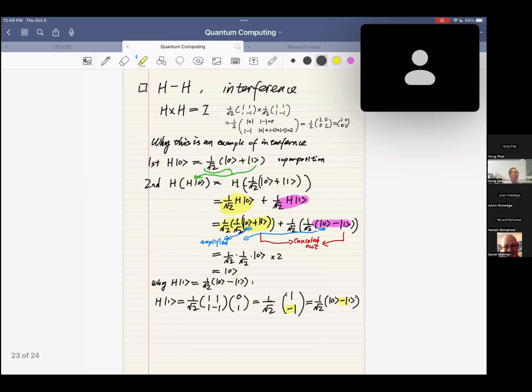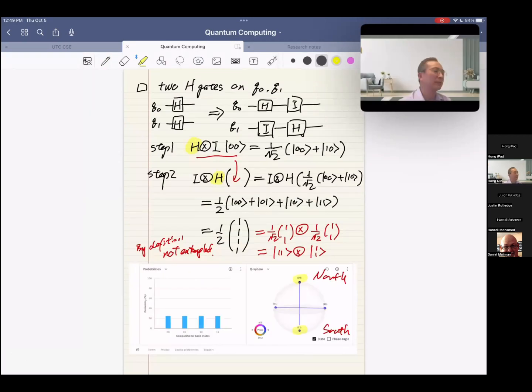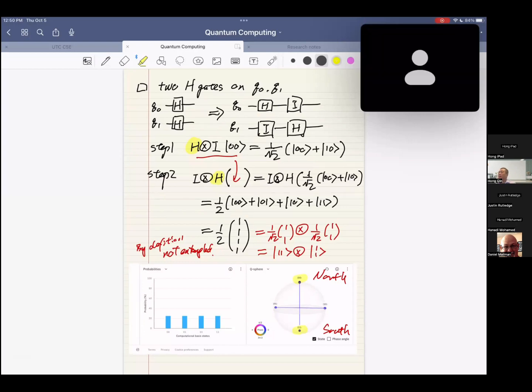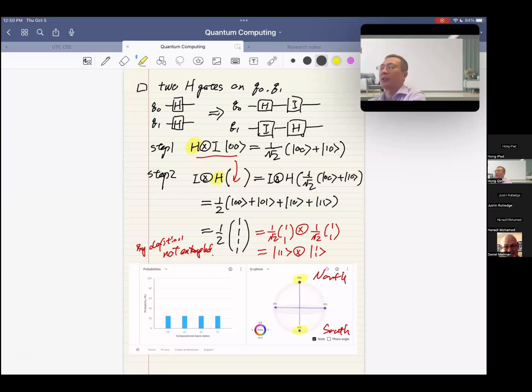Oh, you mean I guess that's easier to calculate. Otherwise it will be H with H. So is it the same when we have H and H together in a tensor product? That's my question. That should be the same, I think.